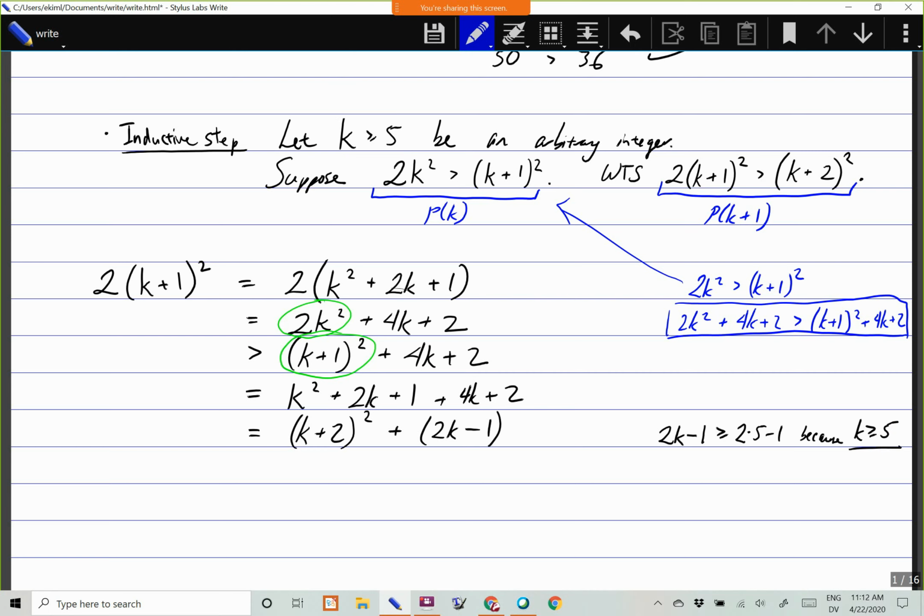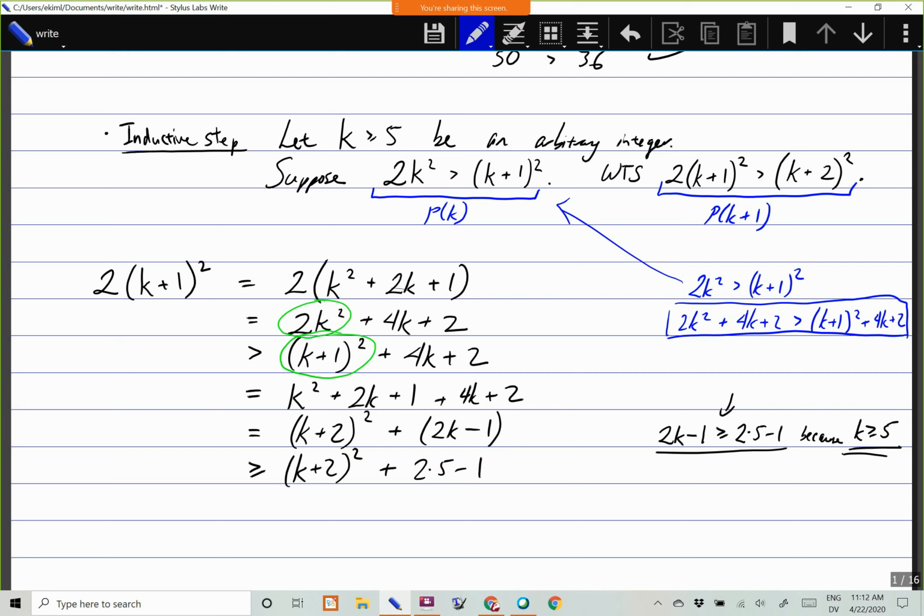So if k is greater than or equal to 5, this is true. If you want to think of it, you start with k is greater than or equal to 5, multiply by 2 on both sides, take the resulting inequality, and subtract 1 on both sides. The way that we apply this right now is to keep this first term as is, copy the inequality symbol right here, and replace the 2k minus 1 here with this 2 times 5 minus 1.